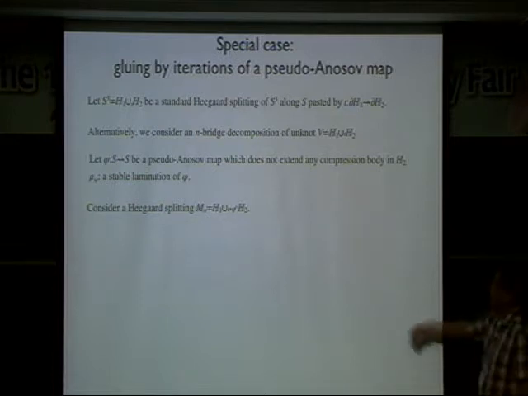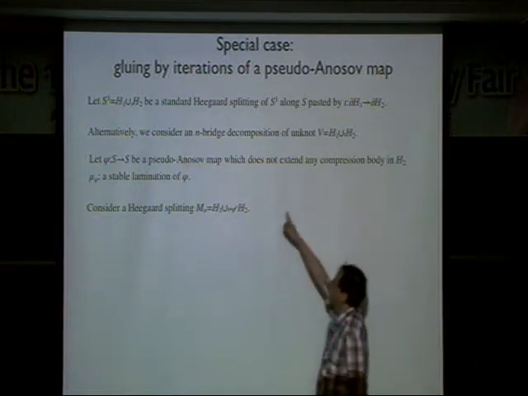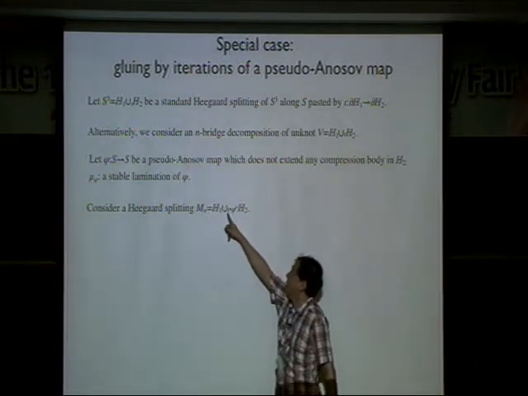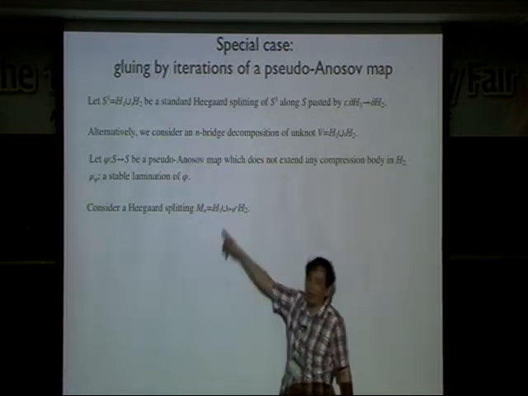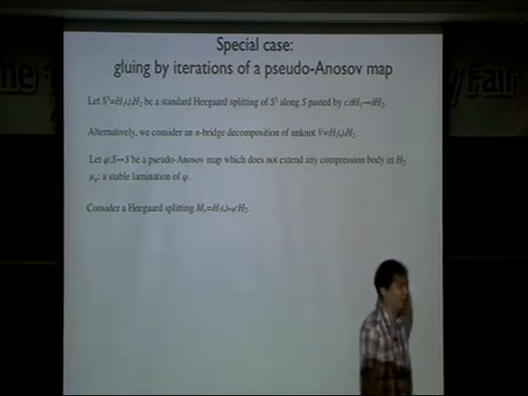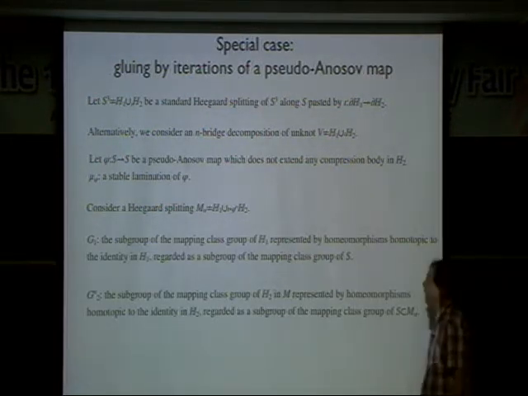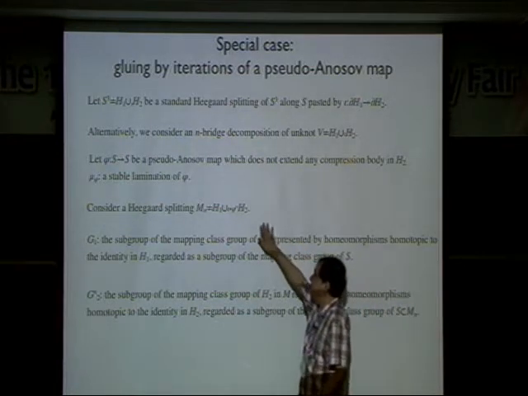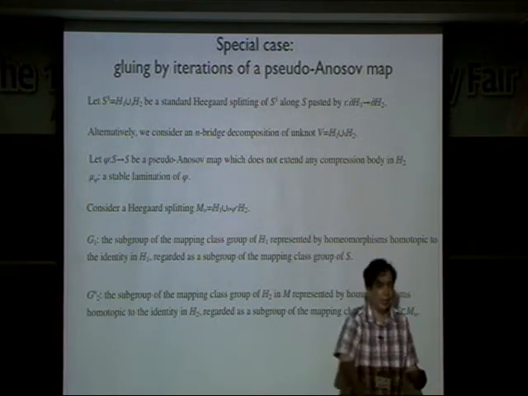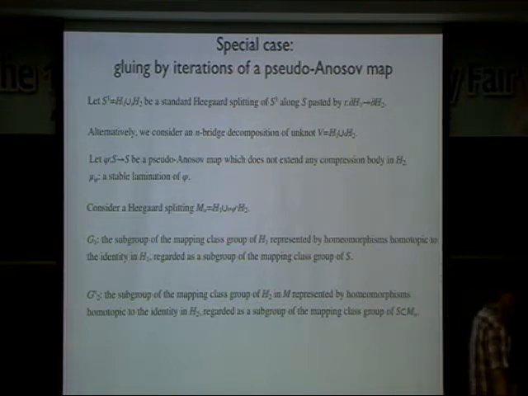That is, the pasting map should be changed from iota to iota composed with the n-time iteration of the pseudo-Anosov phi. Okay. And then you get a sequence of Heegaard splittings indexed by n.